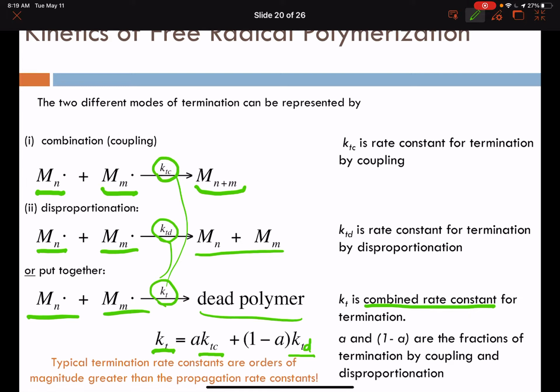And we have some coefficients out front, a and a1, to help us know the relative balance between coupling versus disproportionation and the termination mechanisms at play. So these are fractions of termination by coupling and disproportionation that are occurring there. For example, if a was dominant, we might have 0.9 for a and 0.1 for the makeup for the disproportionation product option there.